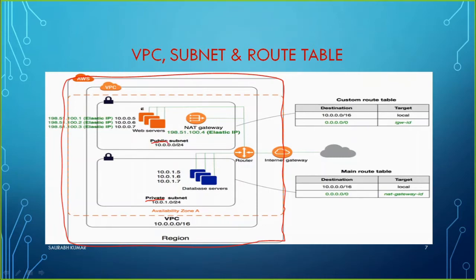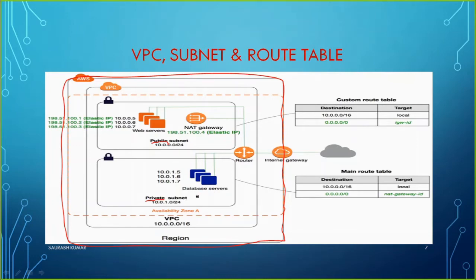Those instances running in the public subnet will be accessible over the public network, over the internet. In the other subnet, where you have a database server or any internal servers which you don't need to be directly accessed on the internet, you can keep them on a private subnet. Generally, companies do it this way.